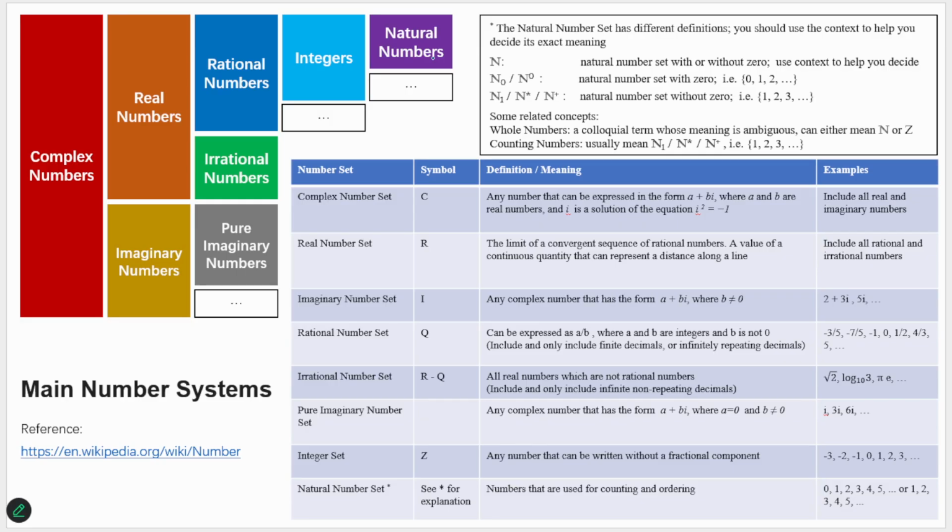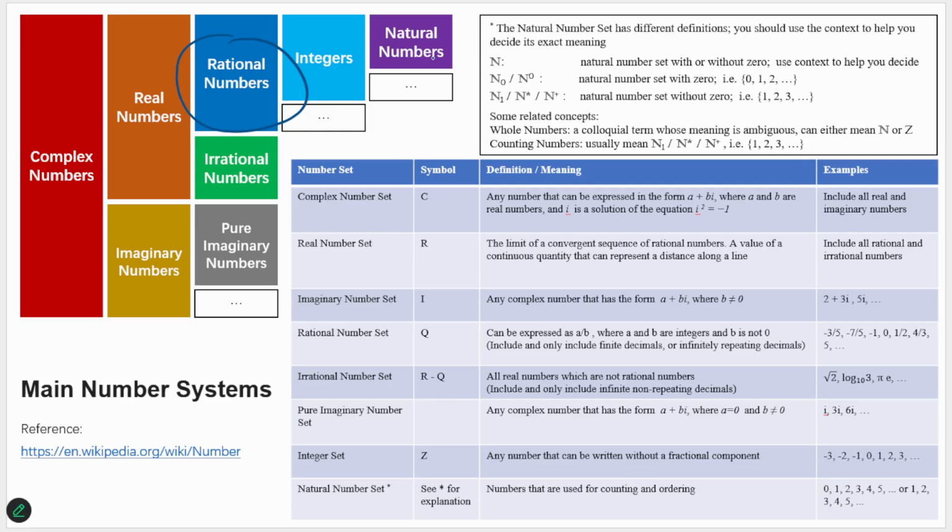Therefore, we introduced the rational numbers. The rational numbers can be expressed as a over b, when a and b are integers and b is not 0. The rational number set includes and only includes finite decimals or infinitely repeating decimals. For example, -3 over 5, -7 over 5, -1, 0, 1 over 2, 4 over 3, 5, something like that.